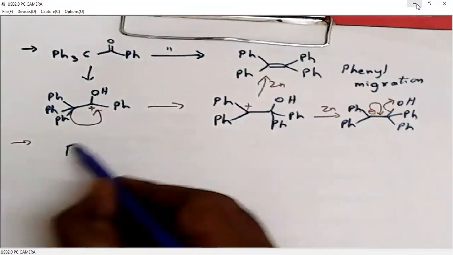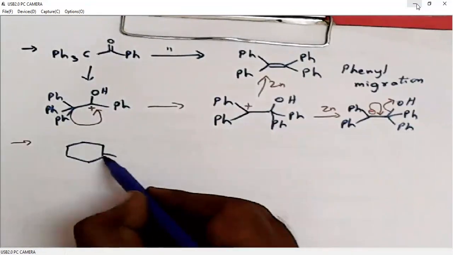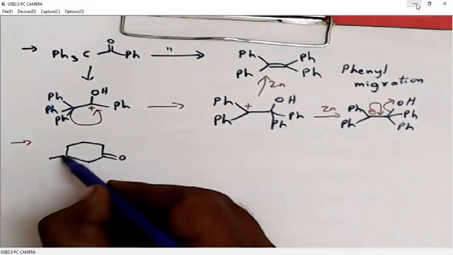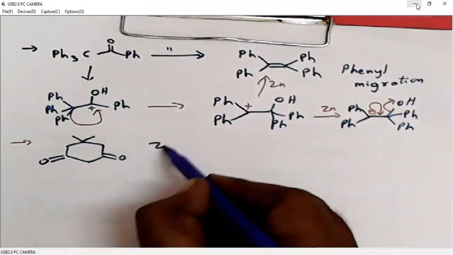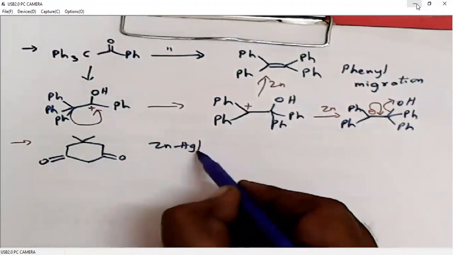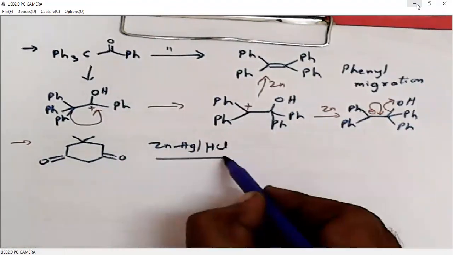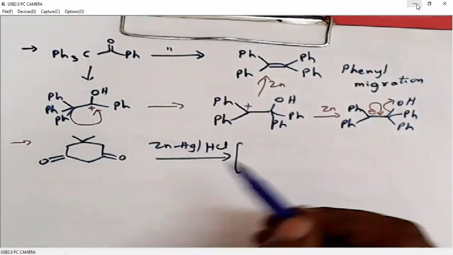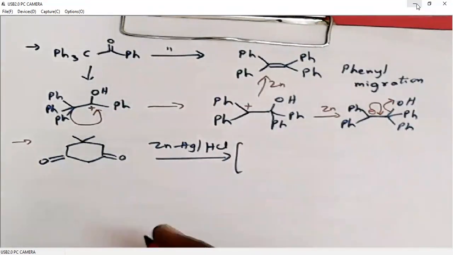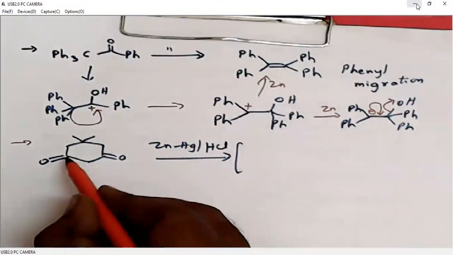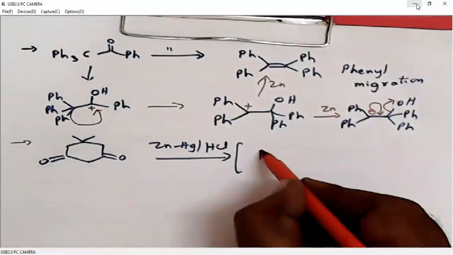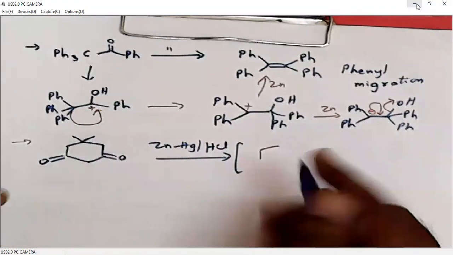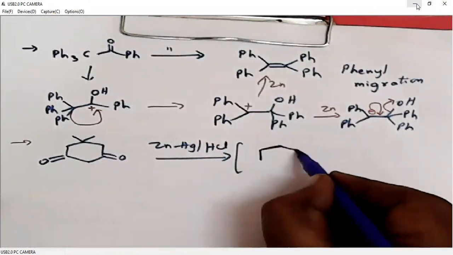Similarly, in the next example, we can have a variety of products under Clemmensen reductions. See here, when it generates an anion, this anion will condense with this carbonyl.